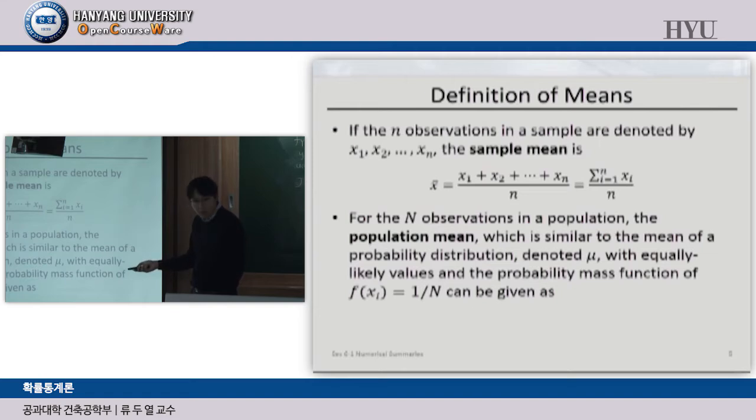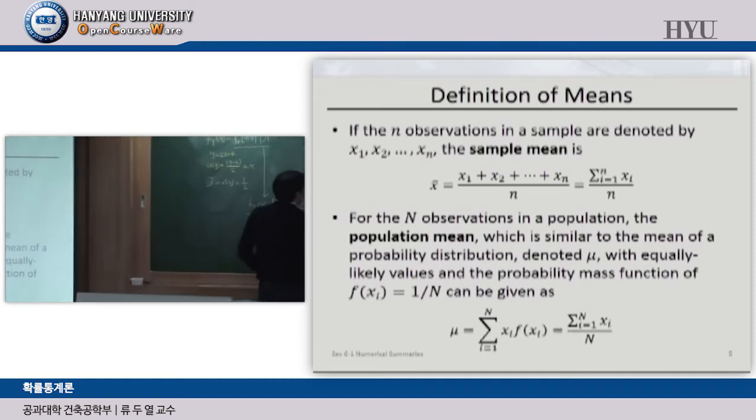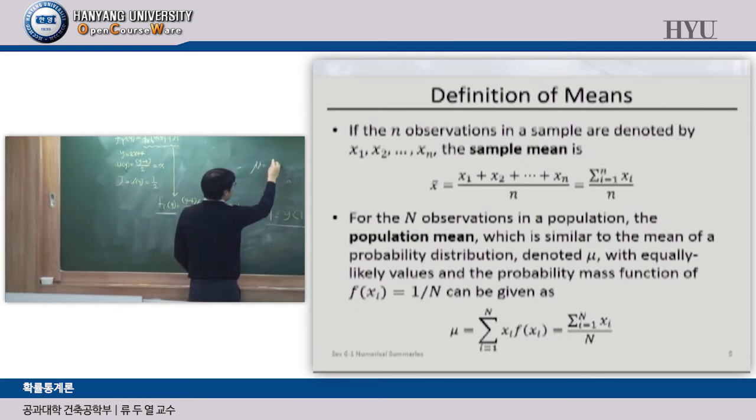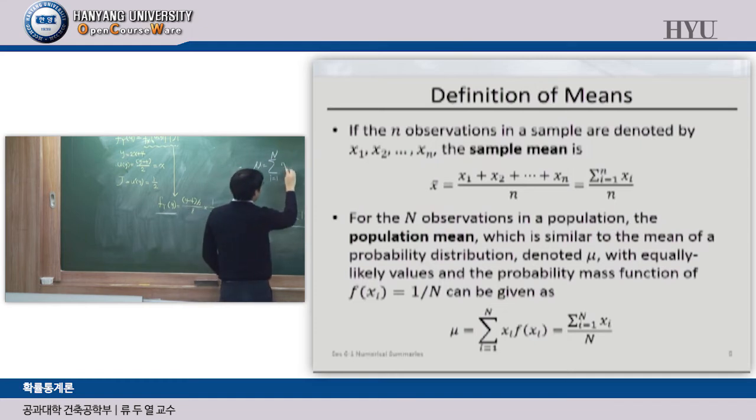Because these are equally likely values. And for this case, the population mean can be given as the following equation. So mu is equal to the summation of xi times the probability mass function f(xi), where i is from 1 to large N.